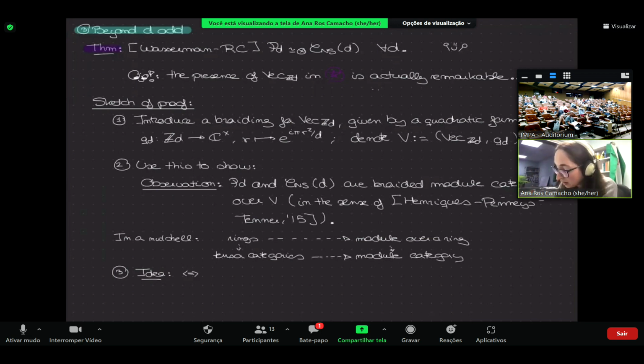And actually, having a module category is not very recent, well, at least to me, I lost track of everything since the pandemic. But having this extra braiding imposes extra conditions on the structure. In this paper of Andre, Dave, and James, they take care of what happens when you include this extra structure.